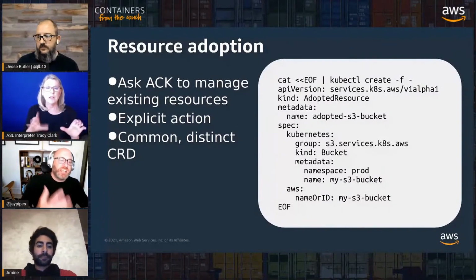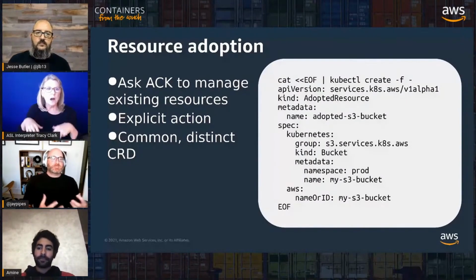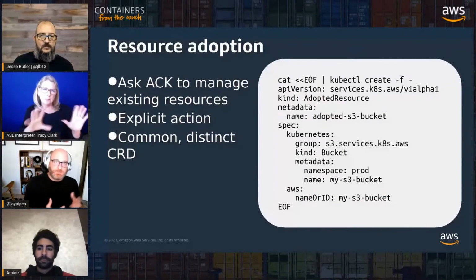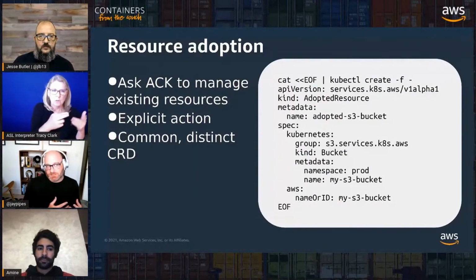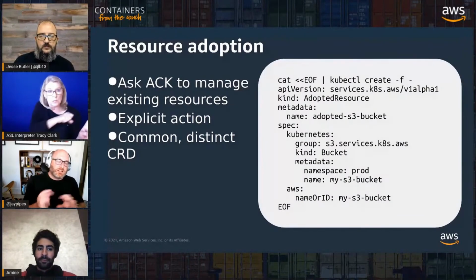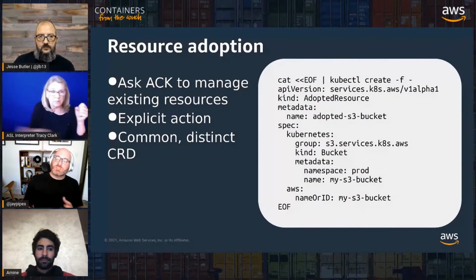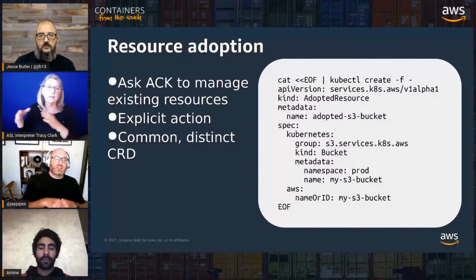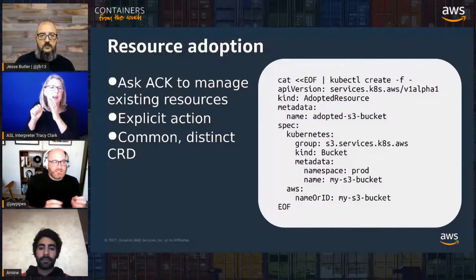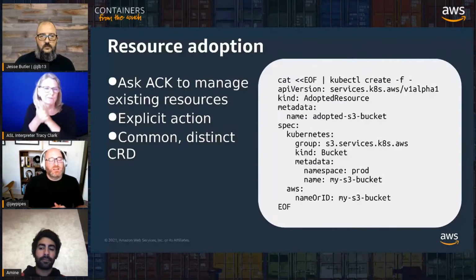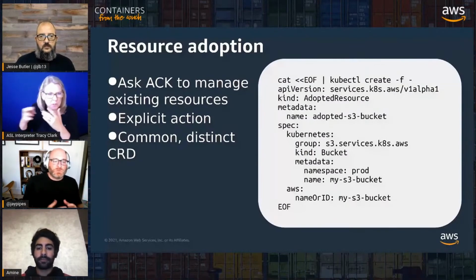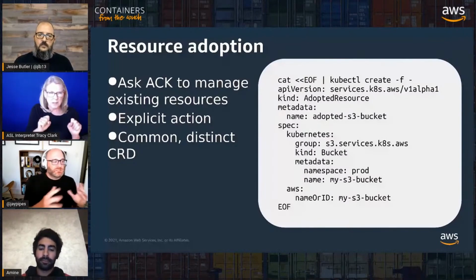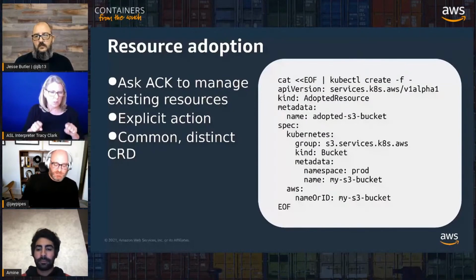And you actually have to create that adopted resource and explicitly tell the ACK service controller, hey, I want you to take this particular resource under management. This is a little bit different than other solutions that have taken an approach where you have an annotation on a custom resource that indicates that this thing already exists or not. We took a slightly different approach that we thought was a little safer and a little more manageable, using this explicit, distinct CRD for adopted resources.